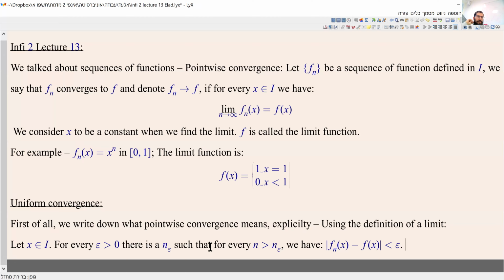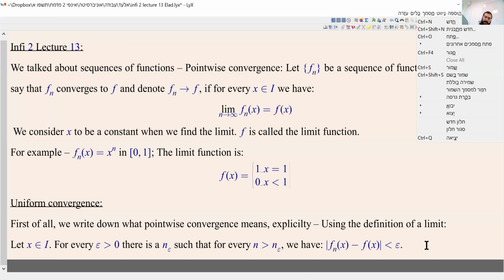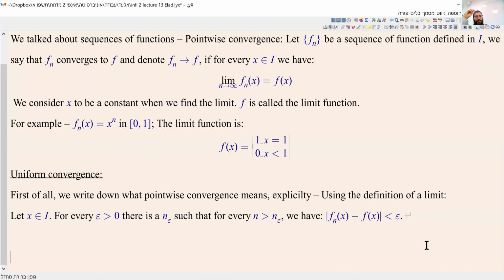Now, how do I define uniform convergence? So we can see clearly what is the difference between both definitions.